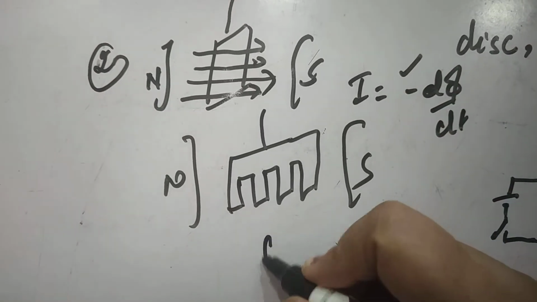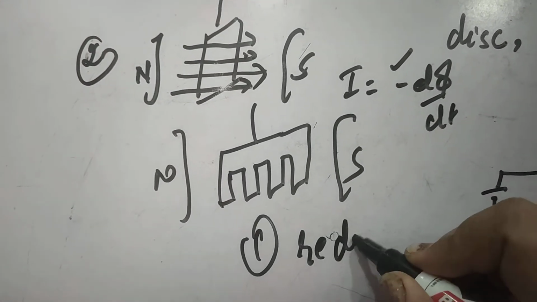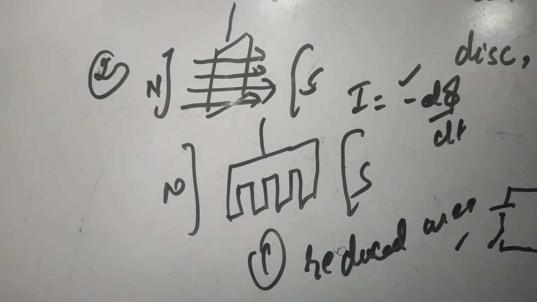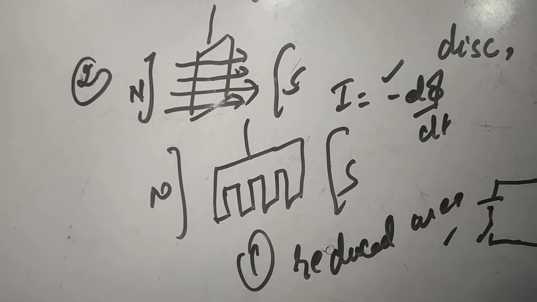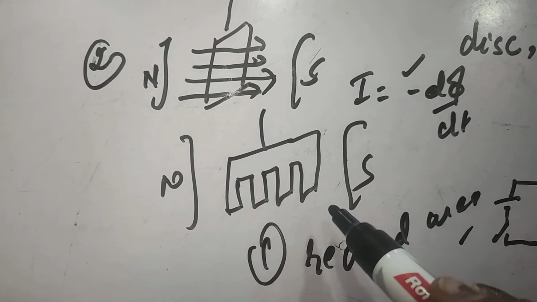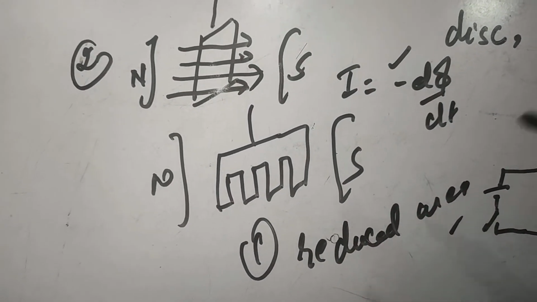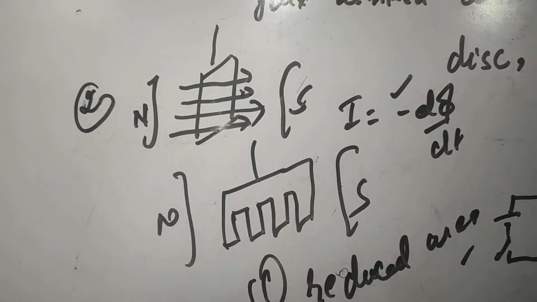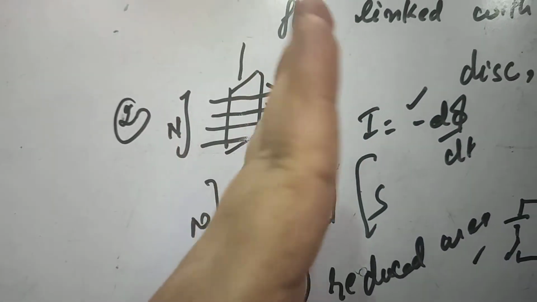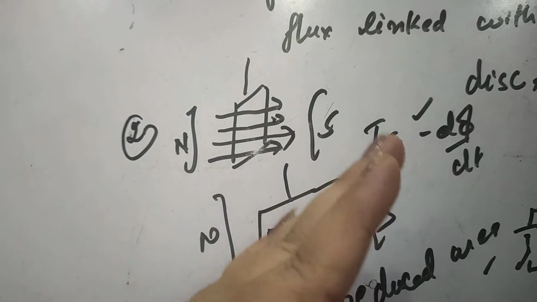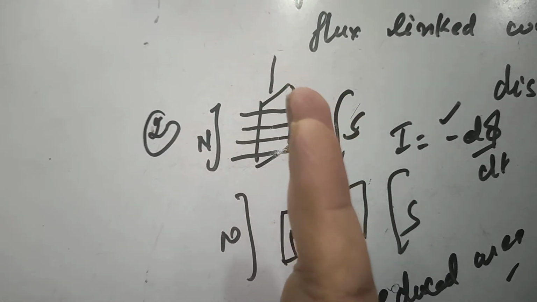We observe that when we make this metallic plate with slots oscillate, the damping effect is slow. In the first case, as we move it, it immediately comes to its normal position, but in this case it will take certain time to come to its position.